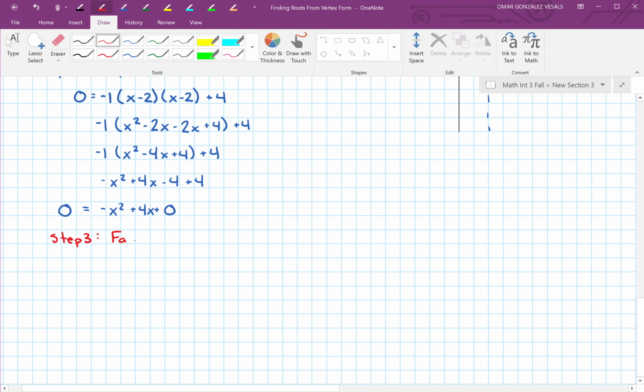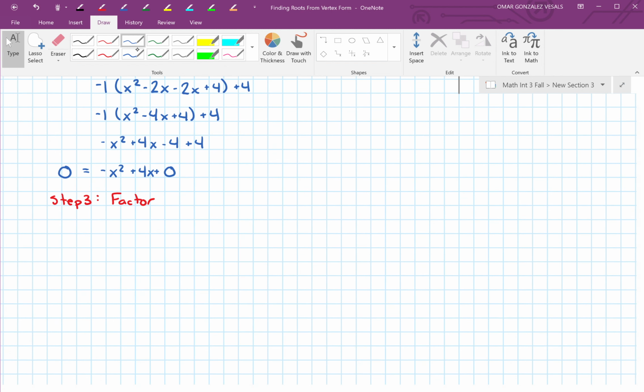Step 3 is to factor. Okay? We're in standard form now, right? So we know what A, B, and C is. So I'm going to draw an X. And on the top part of the X, it's A times C. It's just 0.